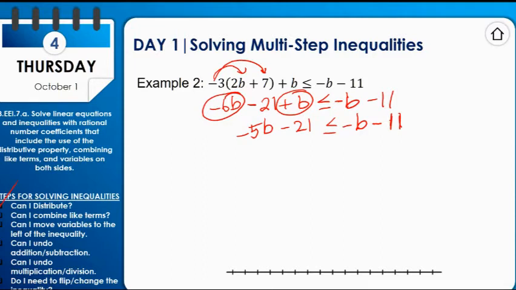So now I was able to distribute. I combined like terms. Can I move variables to the left of the inequality? I have a -b. In order to move a negative, I add b to both sides. -5b plus b is -4b.